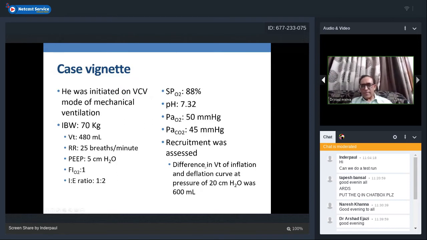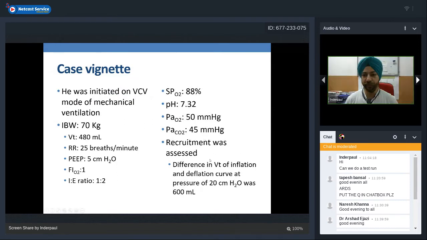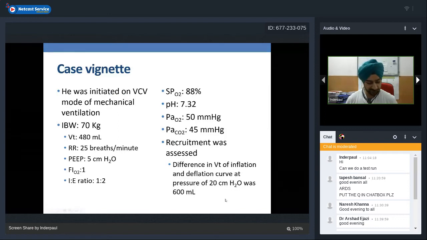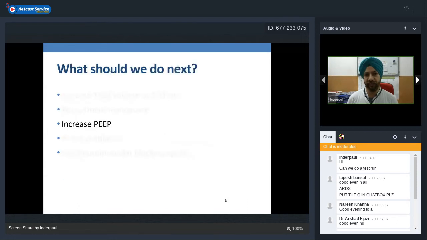So we did do a recruitment maneuver in this patient in the case that I was showing. He had a recruitable lung, and thus a recruitment maneuver was done. But despite that, he continued to be hypoxic. So what are we really missing?